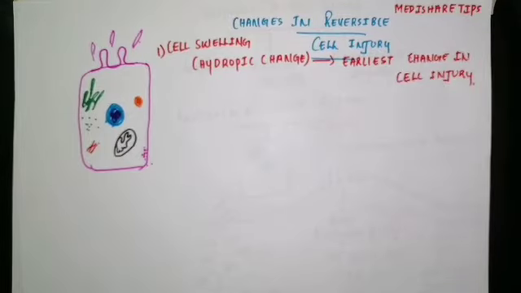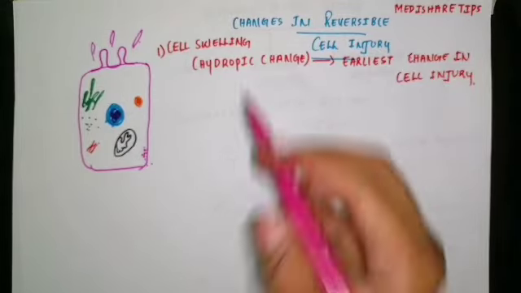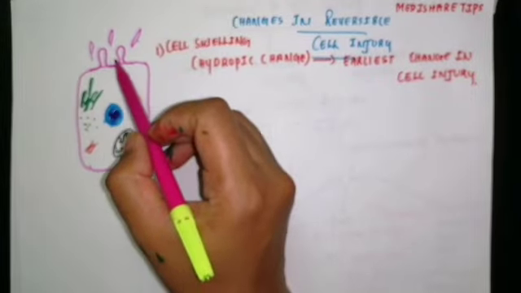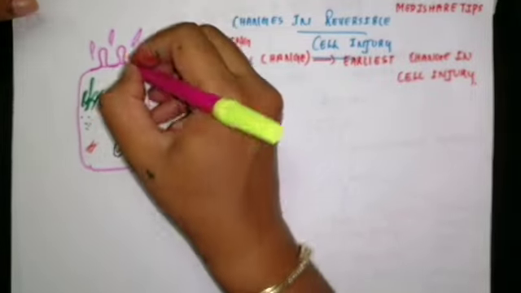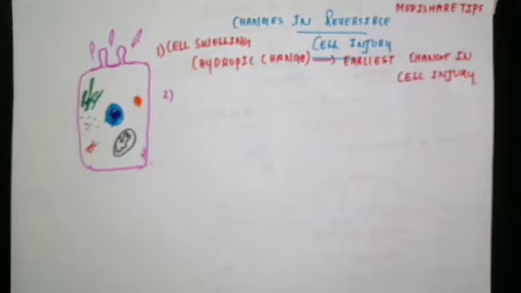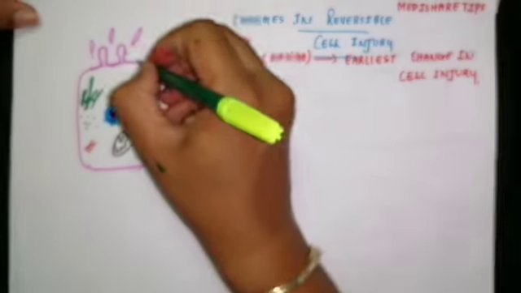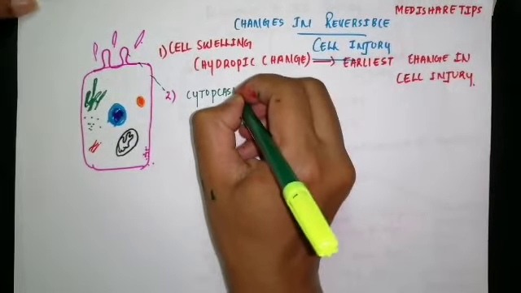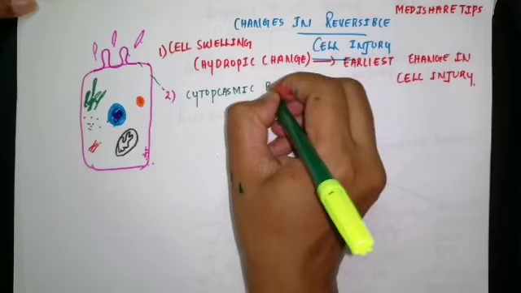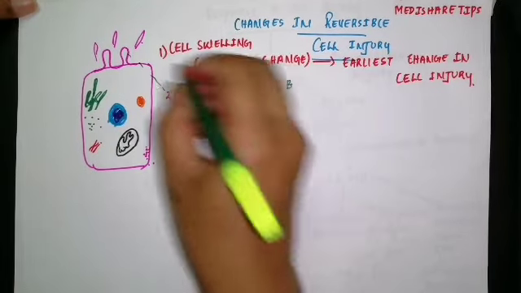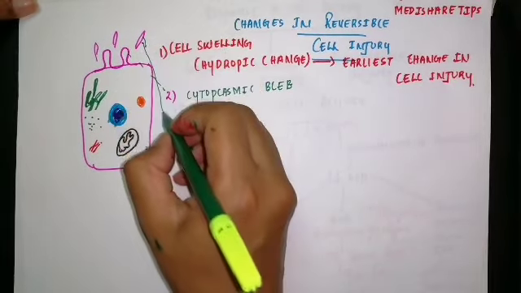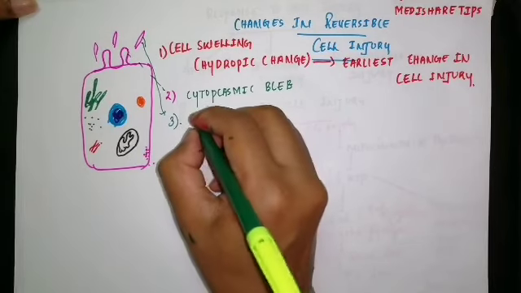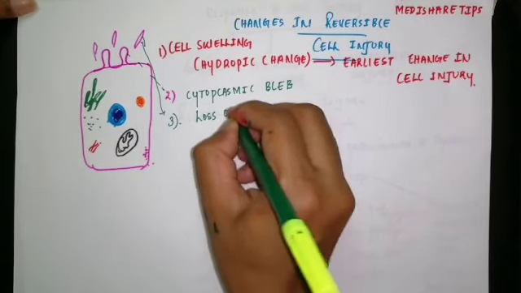Because of the increased accumulation of water inside the cell, the cytoplasm will form blebs to accommodate more water. That is called cytoplasmic bleb. And this is loss of microvilli. Because of the water accumulation, there will be loss of microvilli.